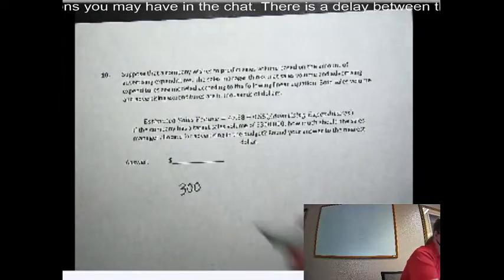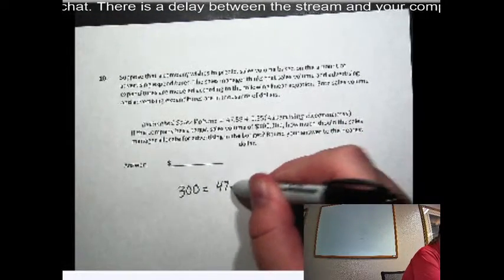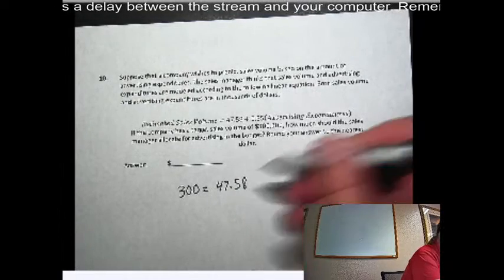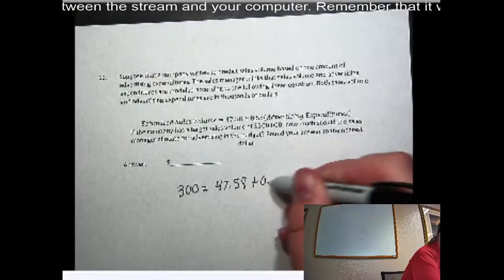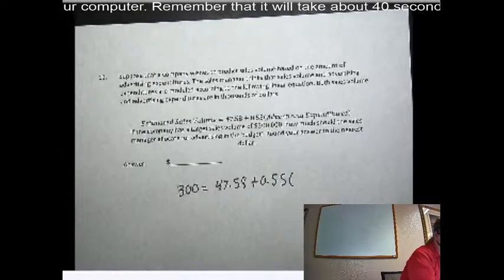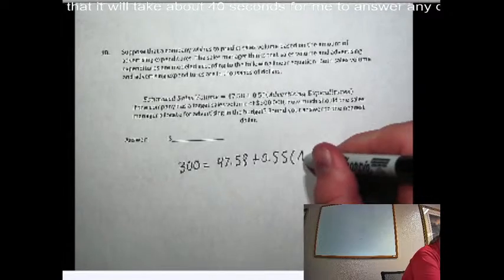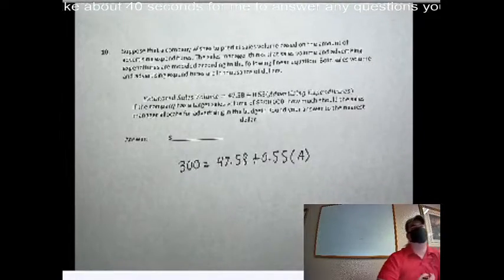So 300 equals 47.58 plus 0.55 times advertising expenditures. That's what we're trying to figure out. I'm just going to call it A, because I don't want to write that over and over.